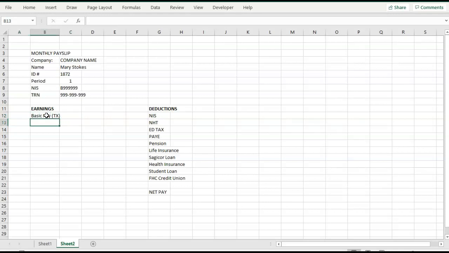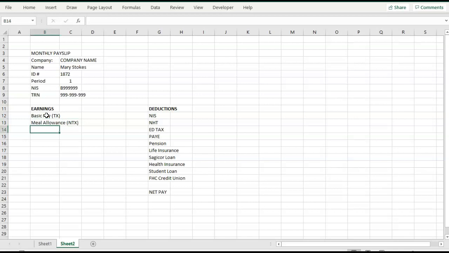Now, when you go to the tax website, and there are other websites too that will provide information of that nature, you will see that the majority of anything that you will ever earn is taxable. However, meal allowance is not. So I'm going to use meal allowance as our non-taxable element, hence NTX.